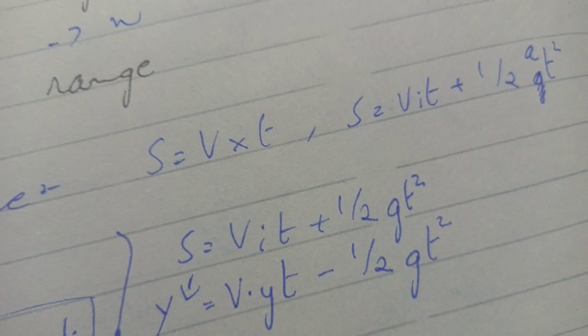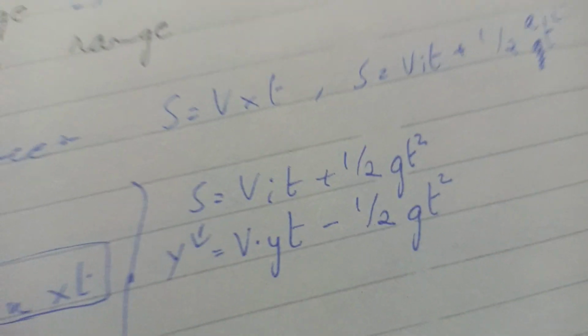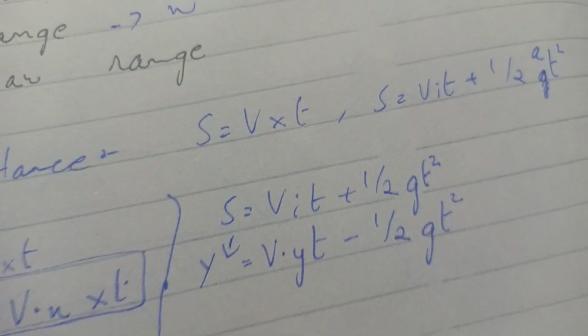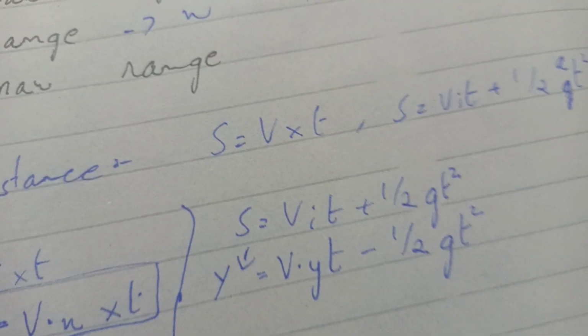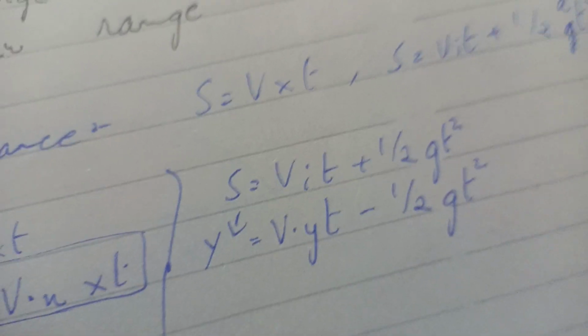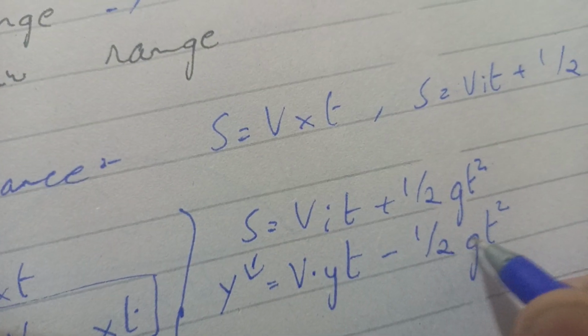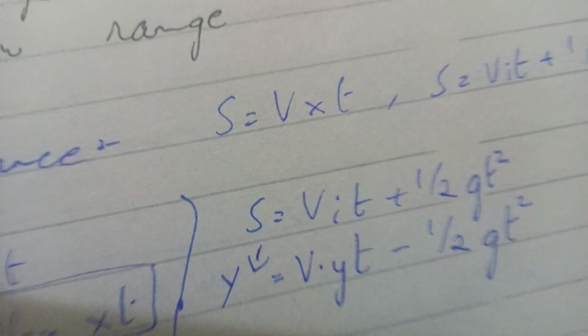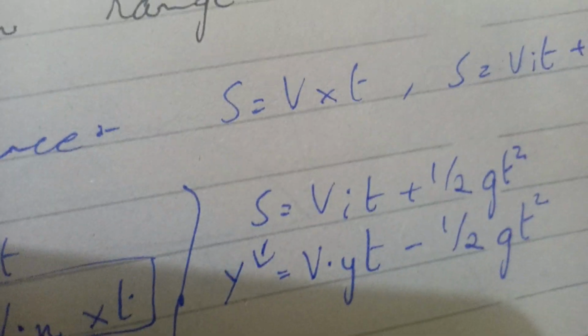Now you will ask why we put here minus 1 upon 2 g t square. The reason is that when we talk about the vertical component of projectile motion, we always put minus g. The minus sign is actually there, multiplying with this, so that's why it becomes y is equal to v naught y t minus 1 upon 2 g t square.